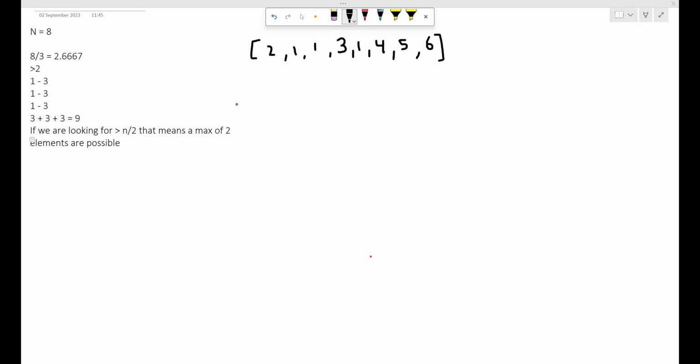The most common thing here is that we are looking for occurrences of the elements. If any element occurred more than n by 3 times, then I am happy with it and I will take it.